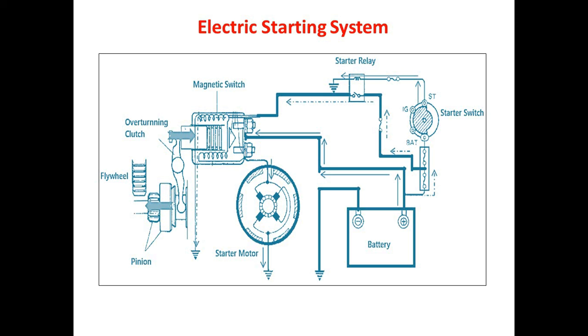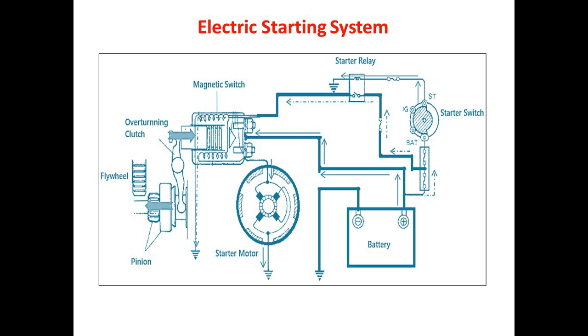So here, when an ignition switch or starter switch is turned to start position, the starter relay is getting energized and the relay switch is getting closed and thus allowing current to flow from battery to the terminal S of the magnetic switch. The current flows through the pull-in coil, creating a magnetic field around the coil.